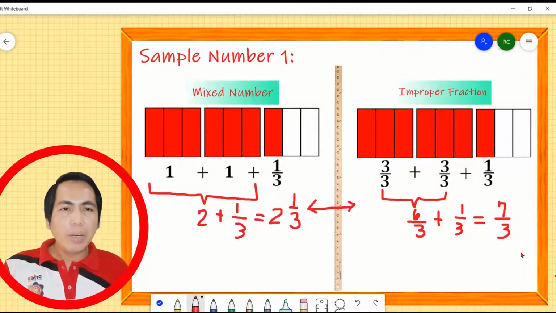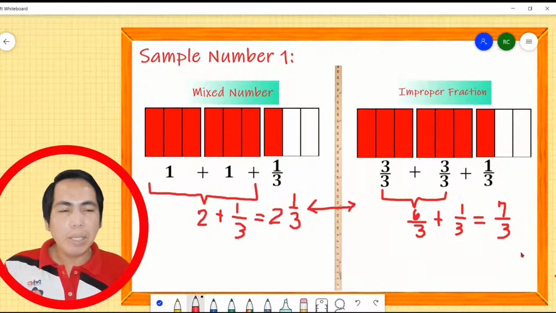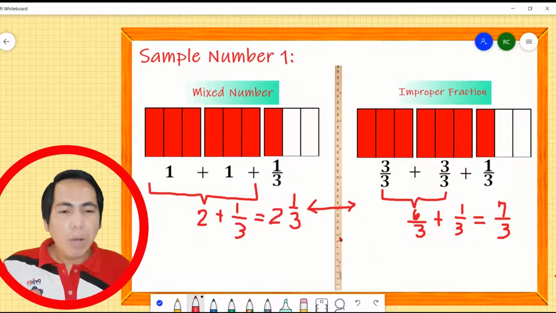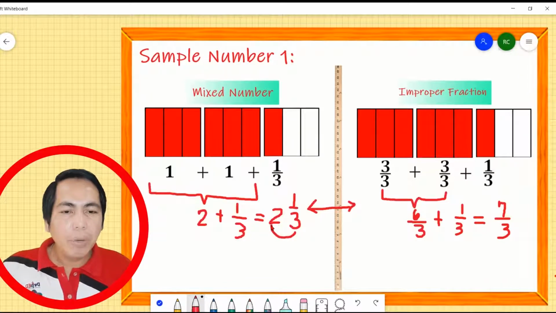Now, without the illustration, we can also rename the given mixed number into an improper fraction, or an improper fraction into a mixed number. So, how do we do that? When we are renaming a mixed number into an improper fraction, we simply multiply the denominator of the fractional part of the given mixed number, which in this case is 3, by the whole number, which is 2.